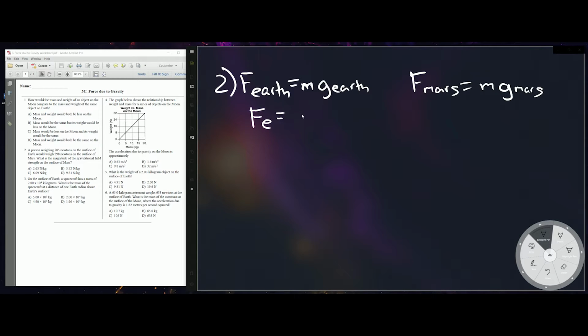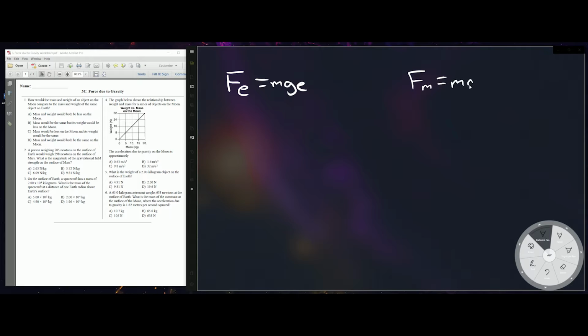F Earth over g Earth is equal to m. F Mars over g Mars is equal to m.